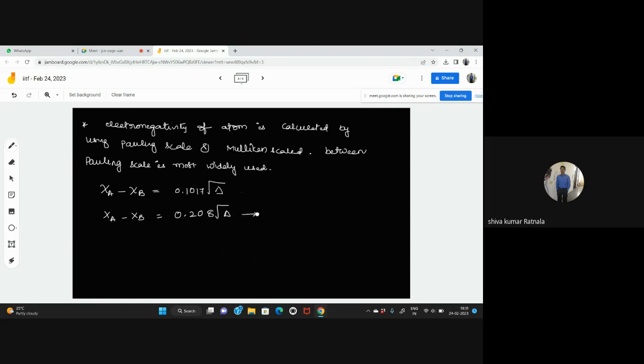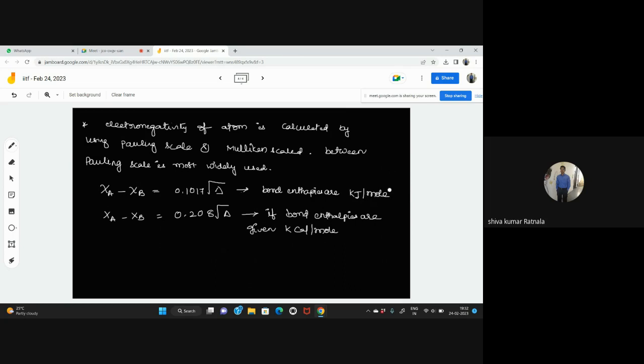This value should be used if bond enthalpies are given in kilocalories per mole, and this one is used if bond enthalpies are given in kilojoules per mole.